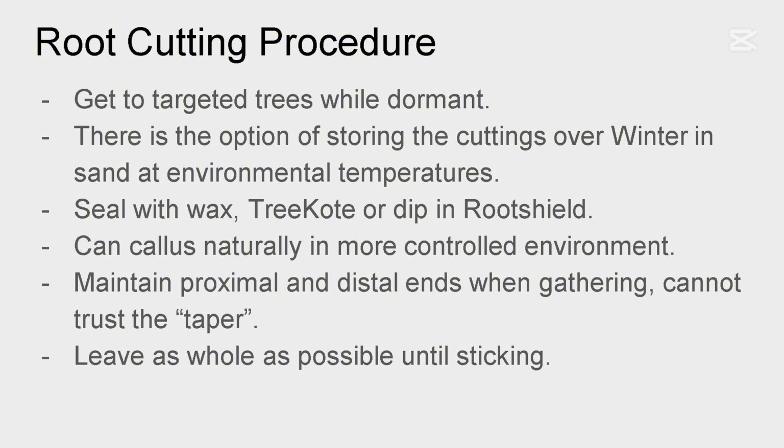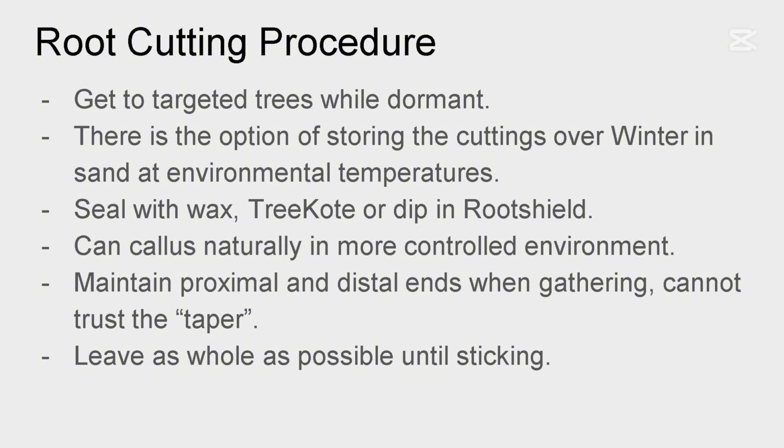But to get into the root cuttings themselves and what that's looking like, we're getting to targeted trees while they're dormant, thinking that the roots are dormant then, and kind of treating it similar to above ground. I can see that being questionable because we have stretched the season a little bit and other folks have, and so the dormancy window might be a little wider.